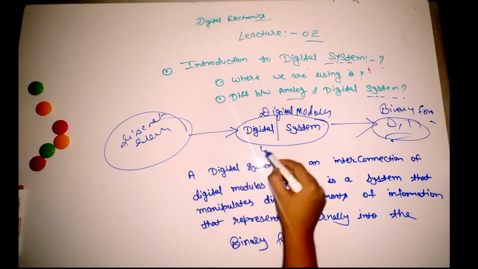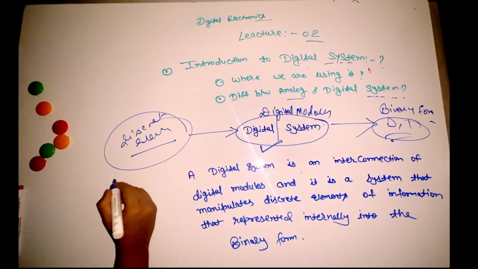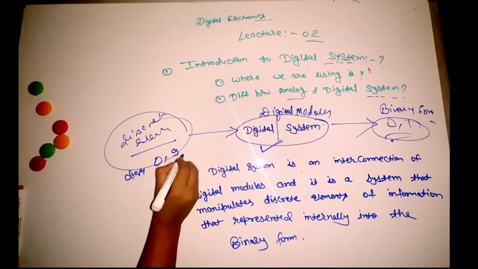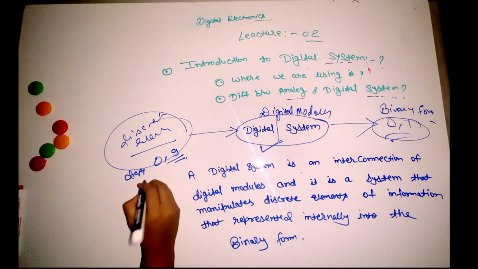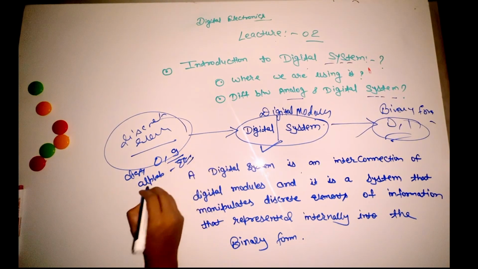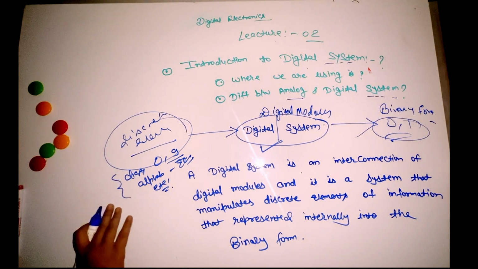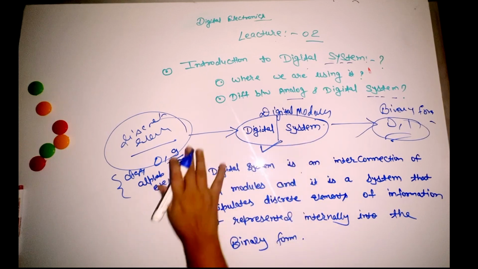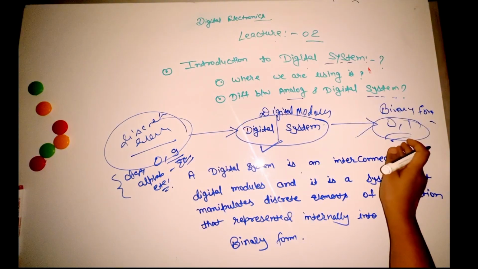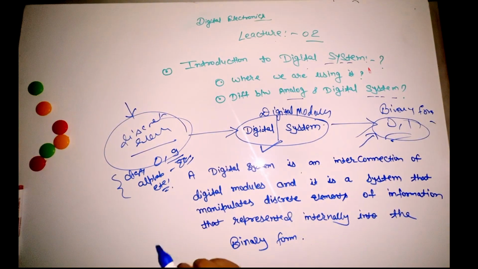That's why the digital modules convert it. What is a discrete element? Digits from 0 to 9, and alphabets, all the 26 alphabets and many more things. The digital module is converting discrete elements into binary form, like human readable into computer readable.